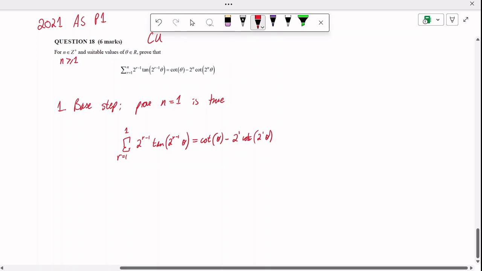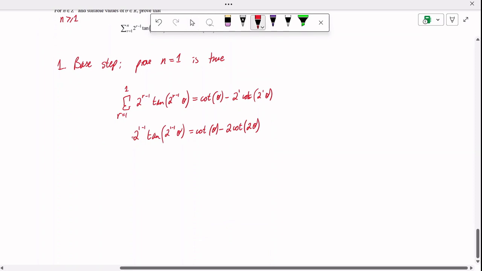Now, because my left-hand side here is the sum starting at the first term and finishing at the first term, I'm just going to use the first term. So that means I'm going to be looking at the first term equals cot of theta minus 2 cot of 2 theta.